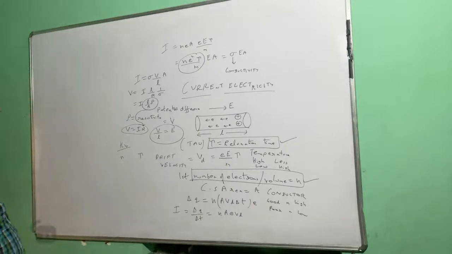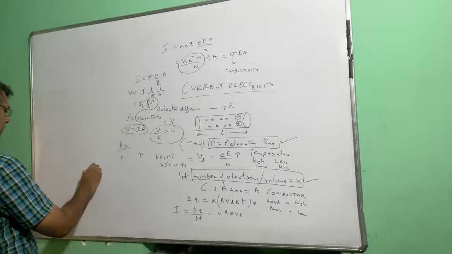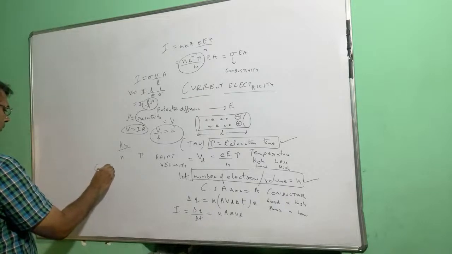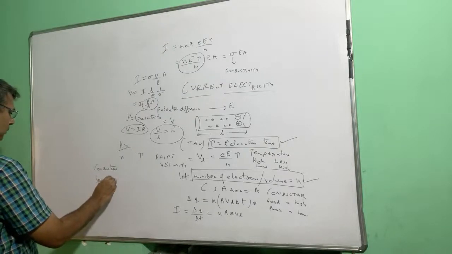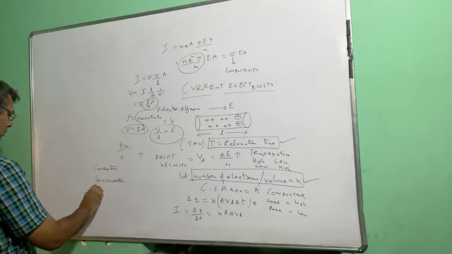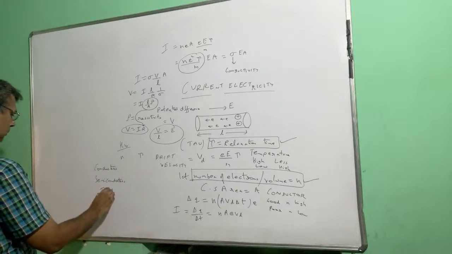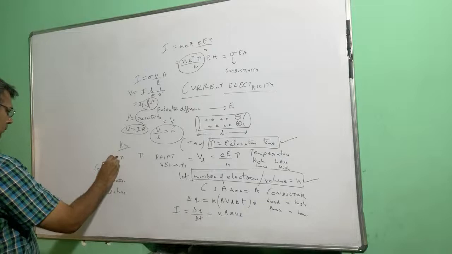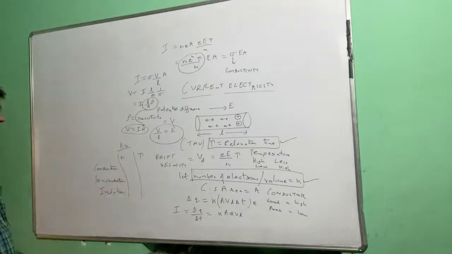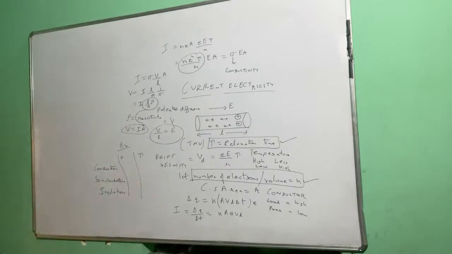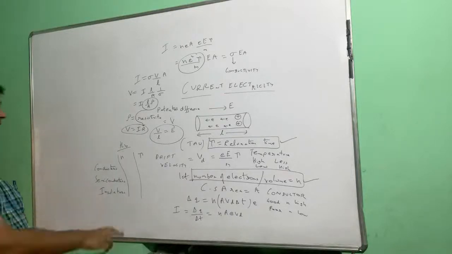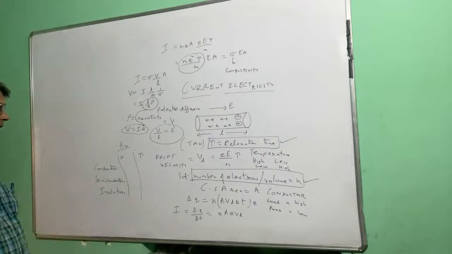Now your homework is you will have to make a chart that you write number of electrons per unit volume, you write relaxation time, and then you write conductor, semiconductor, insulator, and here you will have to compare the values.